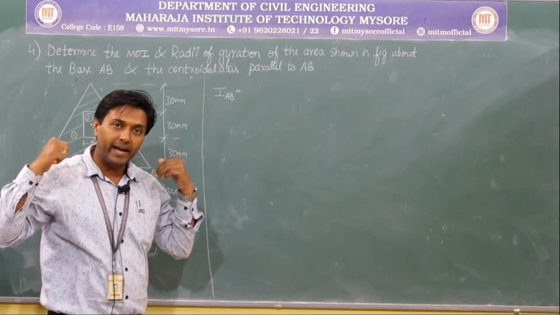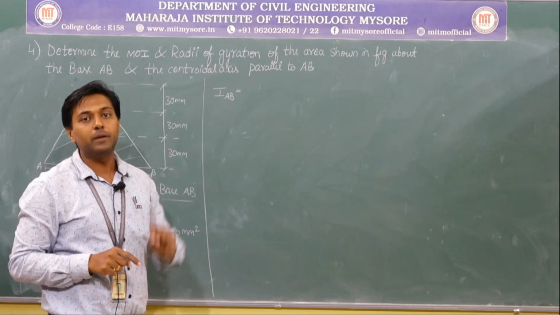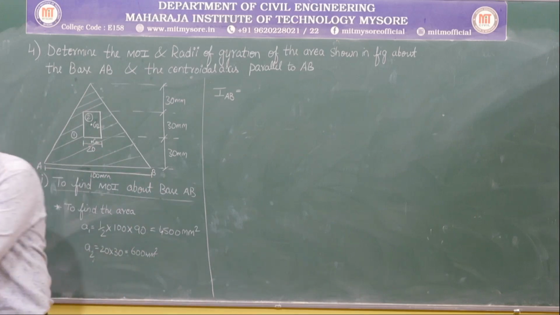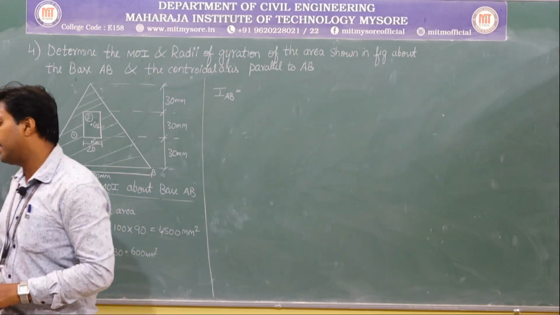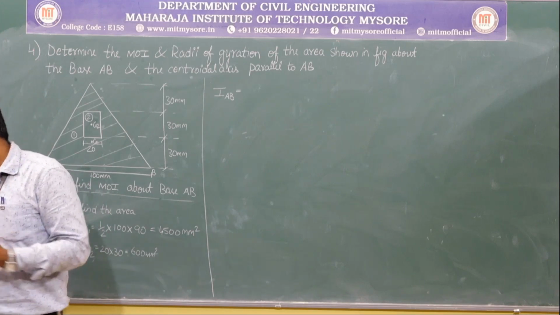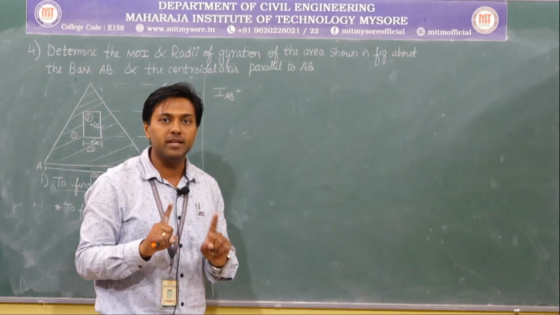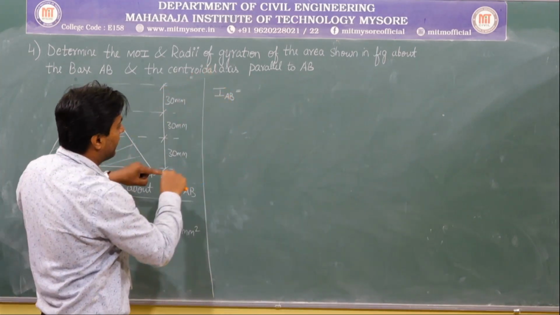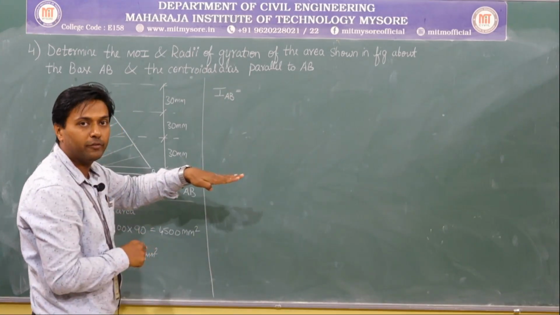I want everyone to go back to the tabular column that I have given. There I want you to check out IAB. What is the formula? Let me check it out. What is the formula for IAB? It is BH cube by 12. Please remember, I am not using the IXX formula nor IYY. The only reason is the entire triangle is resting on the base where they have asked us to calculate the moment of inertia.